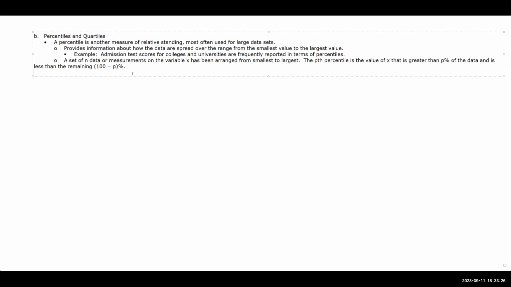So for example, if p is equal to 54%, let's say this value is an SAT score of 1040.